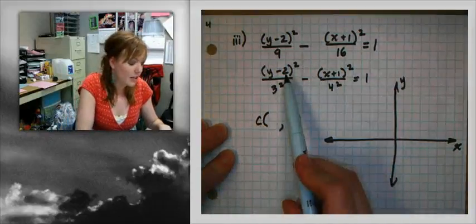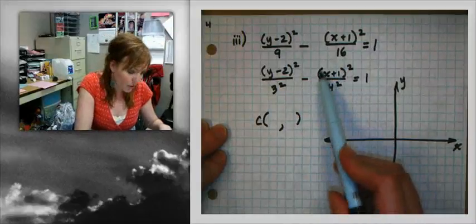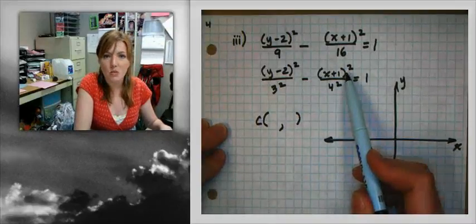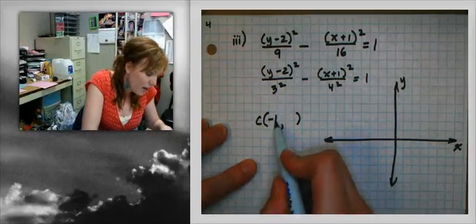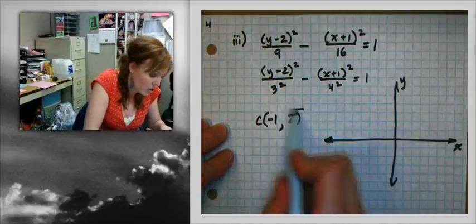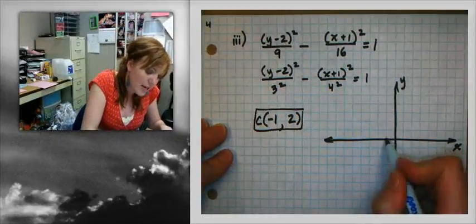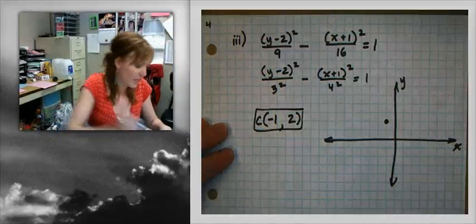A lot of us would look at this and say the center is at (2, 1). But remember, x and y can switch positions here. So the center is actually at (negative 1, positive 2). The x is over here. Make sure you're paying attention to that. So let's put that on here first: (negative 1, 2).